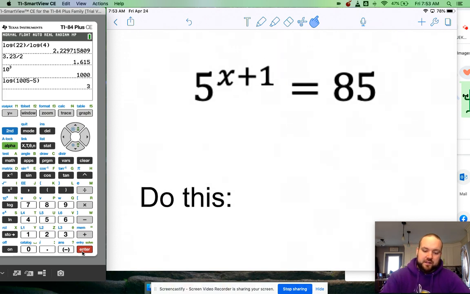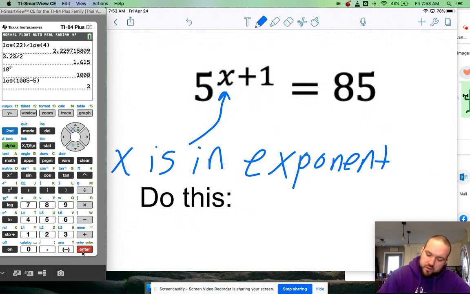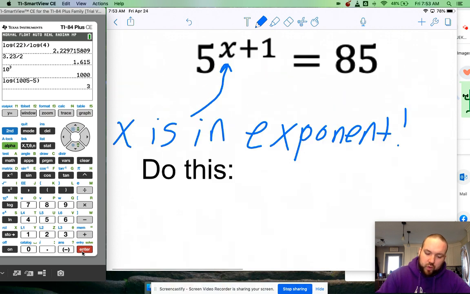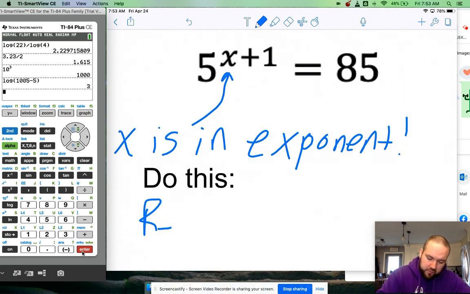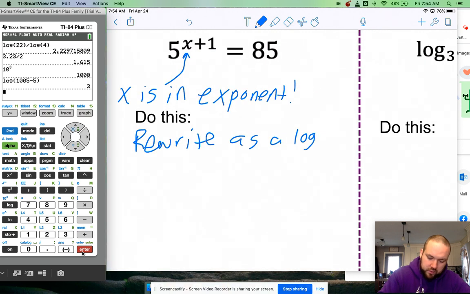If you see the variable you're trying to solve, x, is in the exponent, you will write as a log. This is yesterday's summary. Rewrite as a logarithm. So I'm going to go log base 5 of 85 equals x plus 1.